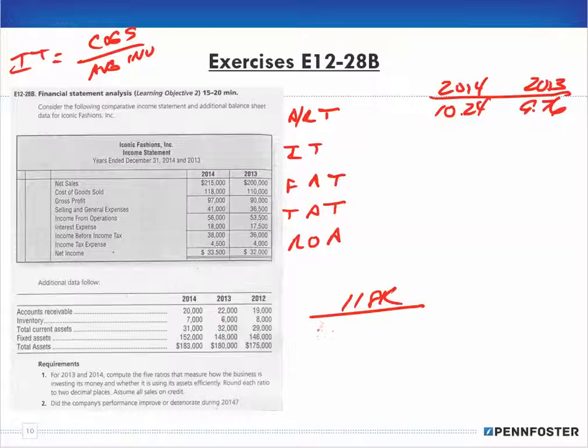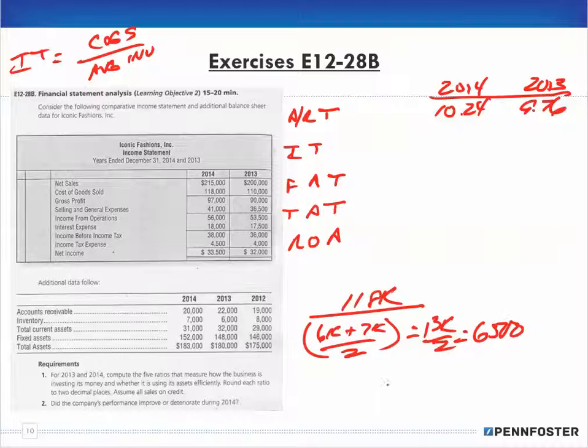My inventory is 6,000 plus 7,000, all divided by 2, which is 13,000 divided by 2, which is 6,500. So I have 118,000 divided by 6,500, and that ends up giving me 18.15.